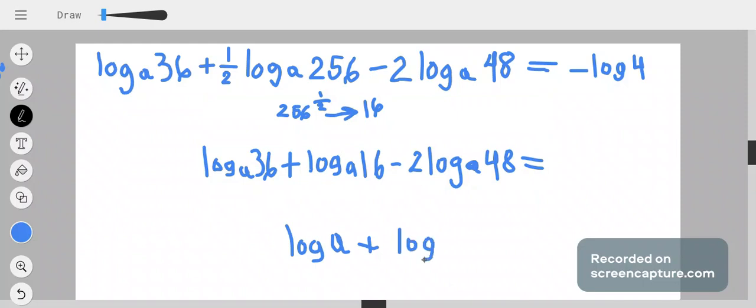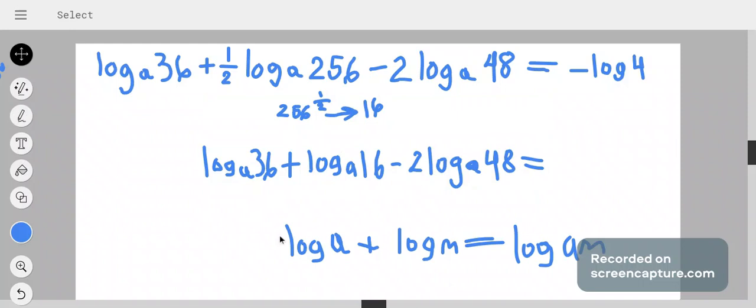If we have log A plus log m, it becomes log Am. And no, we aren't talking about the early morning hours. But yeah, that will basically mean we're timesing it. Multiplying. Yeah, that also works.